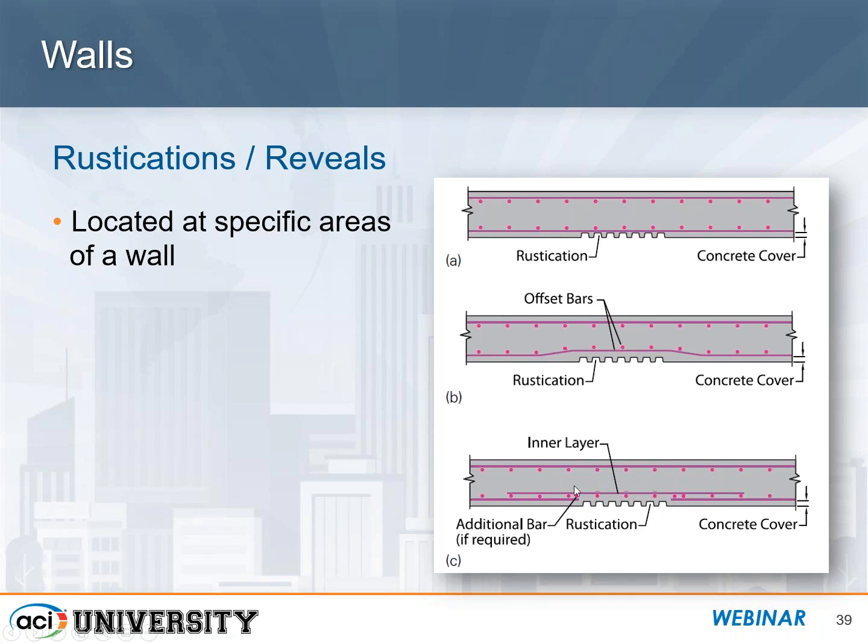So have an inner layer that's fully developed on either side of the area of where the rustication occurs. So this one, again, if it's shown on the architectural drawings, you can put this on your typical details, and that'll take care of everything, not having to worry about a reduced cover at the location of where that rustication occurs.